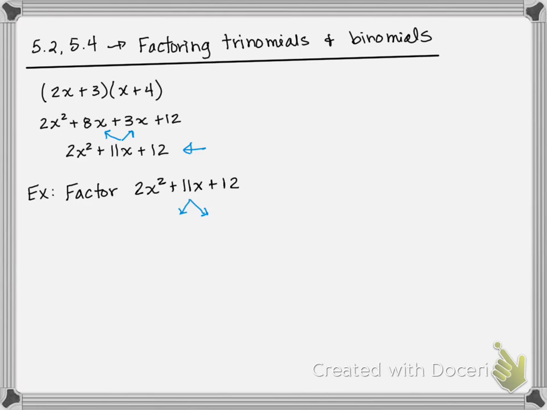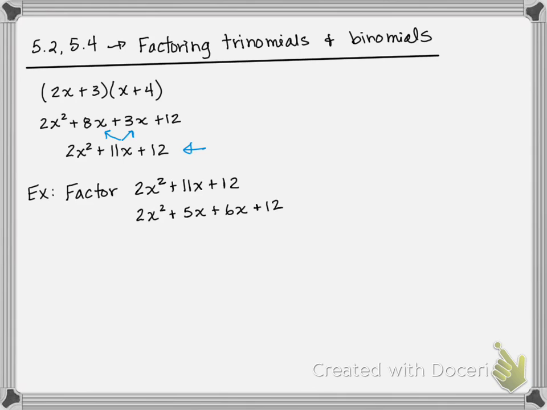Well, we know that somehow that happened. We just don't know what they are. So theoretically, we could be like, hey, how about 5 and 6? So like, let's say 2x squared plus 5x plus 6x plus 12. That's one way we could break up that 11x.